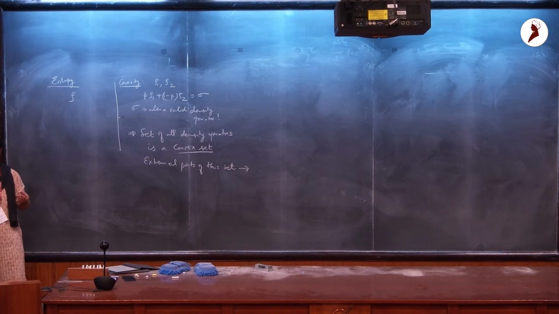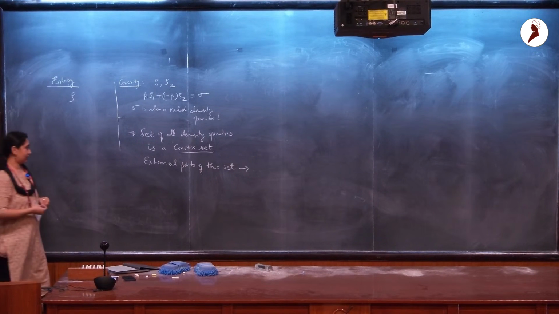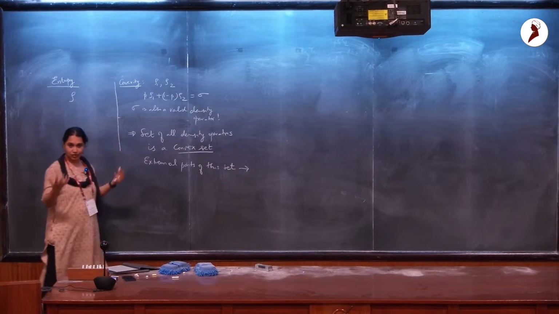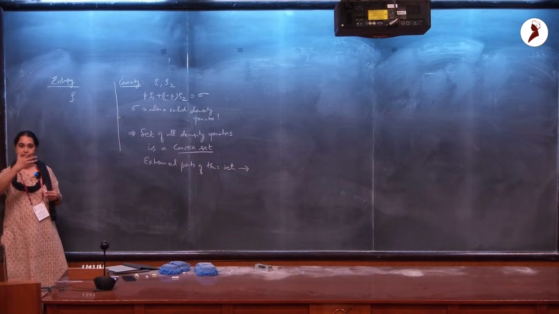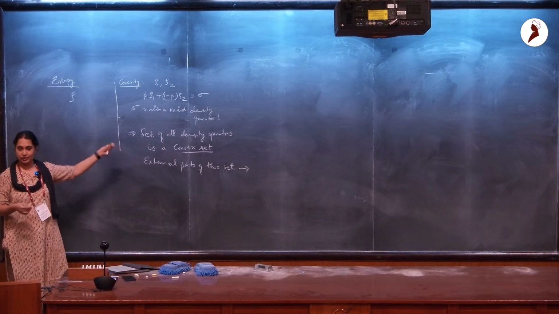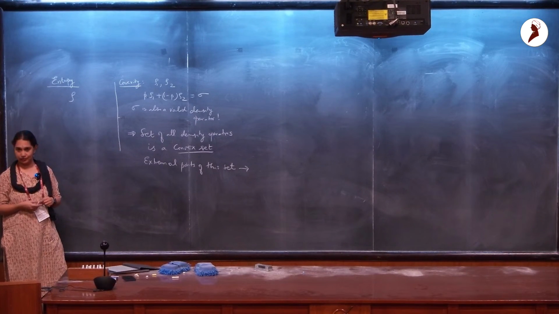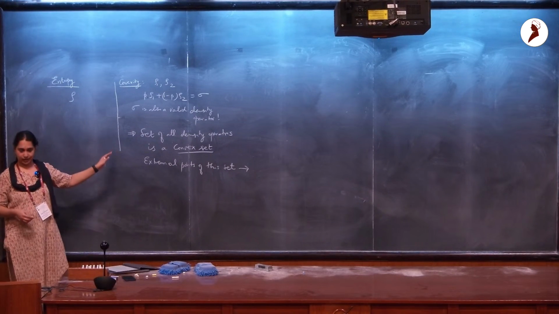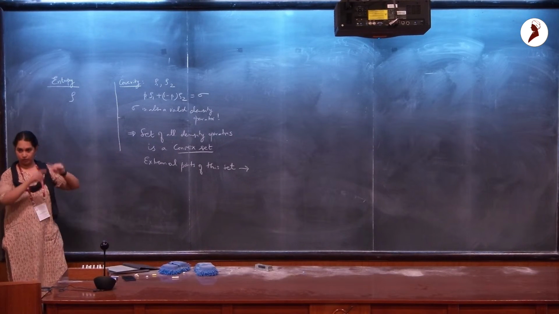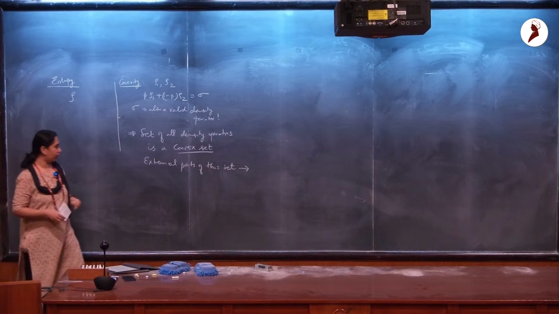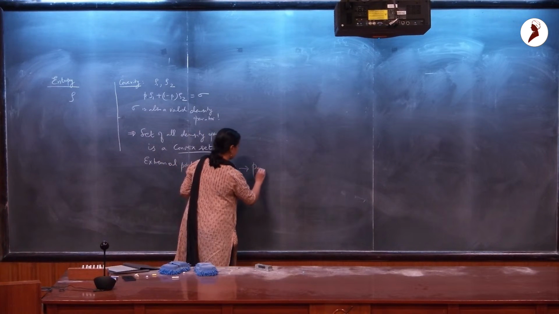What would you think of as the extreme points of this set? Pure states. What do I mean by extreme points or extremal points of the set? Those are the operators or those are the states which cannot be decomposed any further, right? And those are your pure states. And all states in the set can always be realized as convex combinations of points in this extremal set, okay? So these are your pure states.